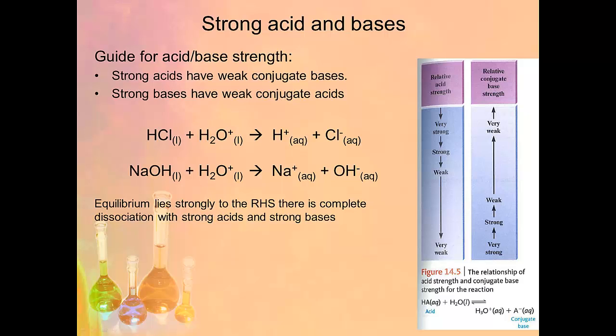Strong bases have weak conjugate acids. So our sodium hydroxide is going to form sodium ions and hydroxide ions. So where are we going to have our conjugate acid? It's going to be the sodium ion, and that's a weak conjugate acid. Equilibrium lies strongly to the right hand side, and we consider this to be a complete dissociation.